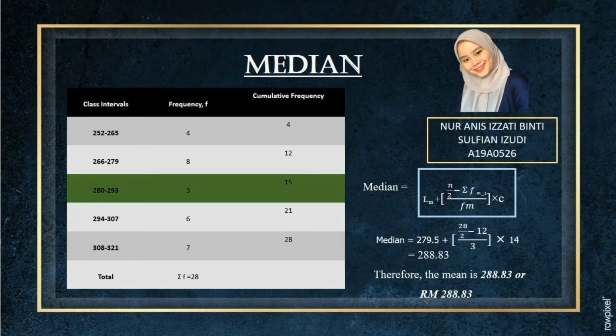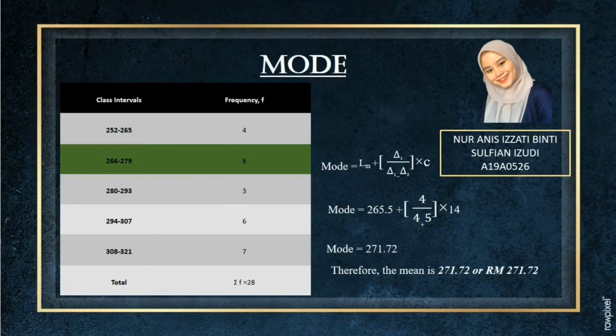You need to see the row where you highlighted. After that, multiply by 14. So the total of median is 288.83.